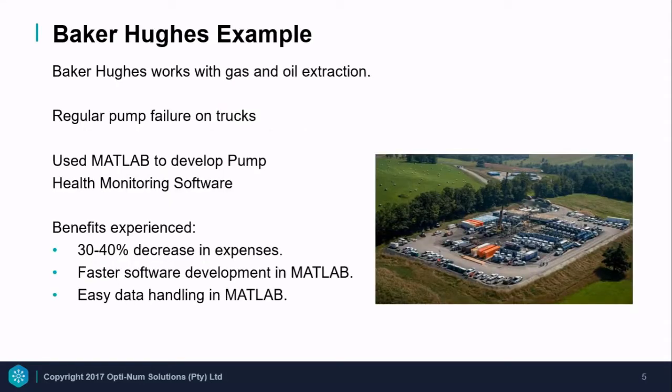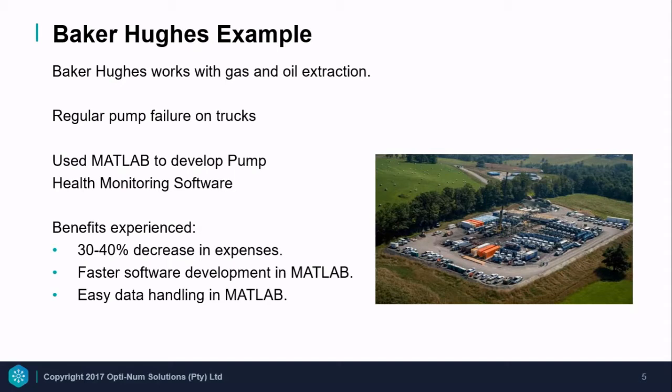Baker Hughes is a company that works with gas and oil extraction. They were experiencing regular pump failure on their trucks. This was problematic because each time a pump failed, they had to send extra trucks to that site. This was costing them a lot extra. So engineers at Baker Hughes made use of a predictive maintenance system using MATLAB.